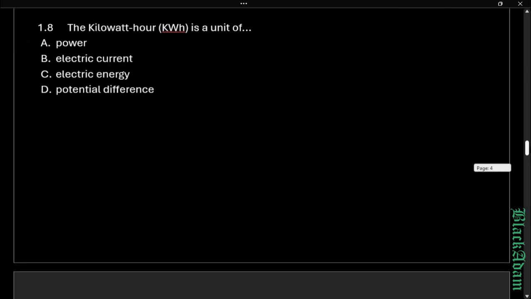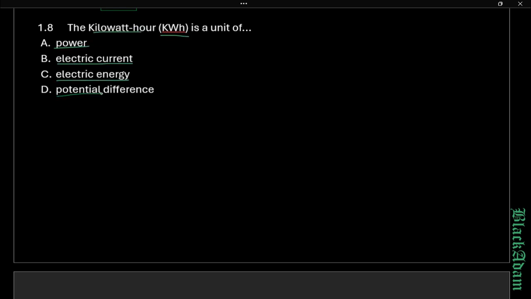Then moving to 1.8, so kilowatt hour, a unit of power, electric current, electric energy, or potential difference. Let's see how we define power in electricity. So power is the rate at which work is done. So cross multiplying that, work is equal to power multiplied by the change in time.